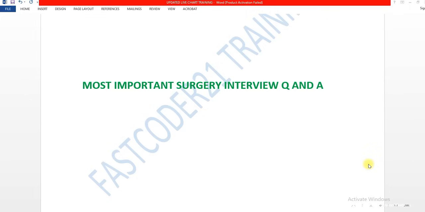In multiplan here they will not ask anything. So what are the types of bone grafts we have?